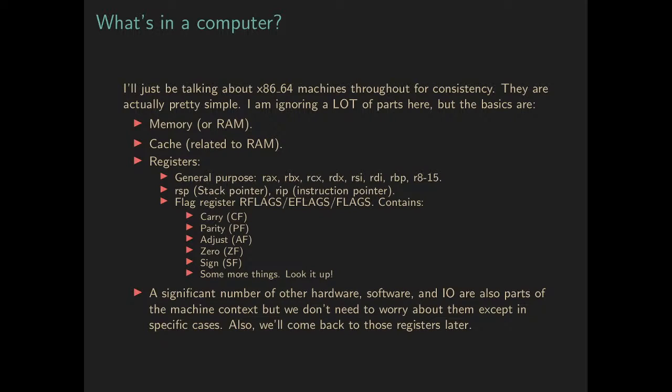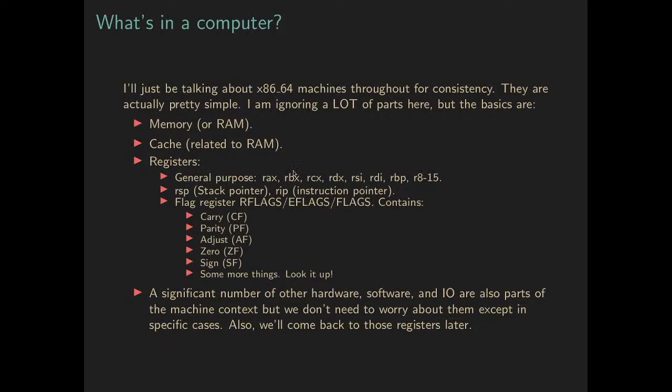When we're looking at x86, we're going to refer to the main parts. You have the memory, which is RAM. You have the cache, which generally is transparent, so we generally don't need to care about that. You have the registers, which are essentially variables built into the architecture with very fast access.